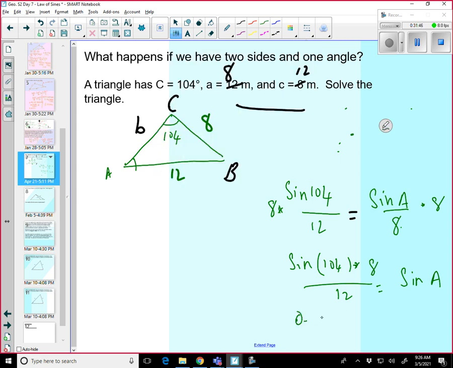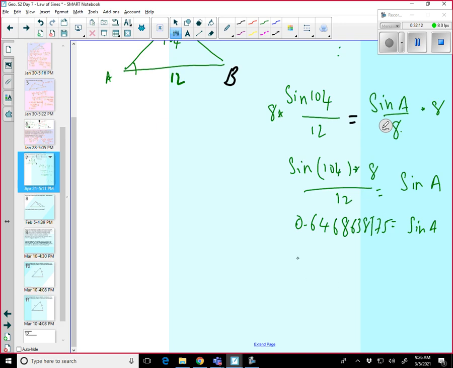You got 0.64686388175, equals sine A. Now take sine inverse using the inverse trigonometric function. I'll get angle A equals sine inverse of this whole number, 0.64686388175.